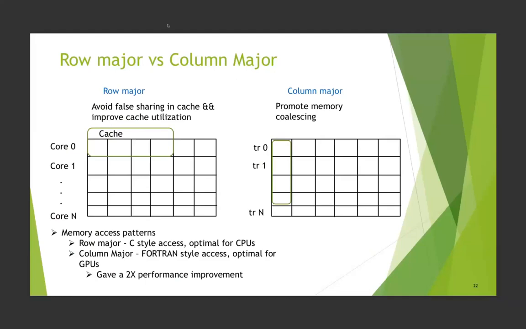So you want all the data needed by the 32 threads to be as close to each other as possible so that we avoid time spent getting this data onto the GPU cache for the thread blocks. This is called memory coalescing, and you want a column major format of data storage on GPUs. So next slide, please.